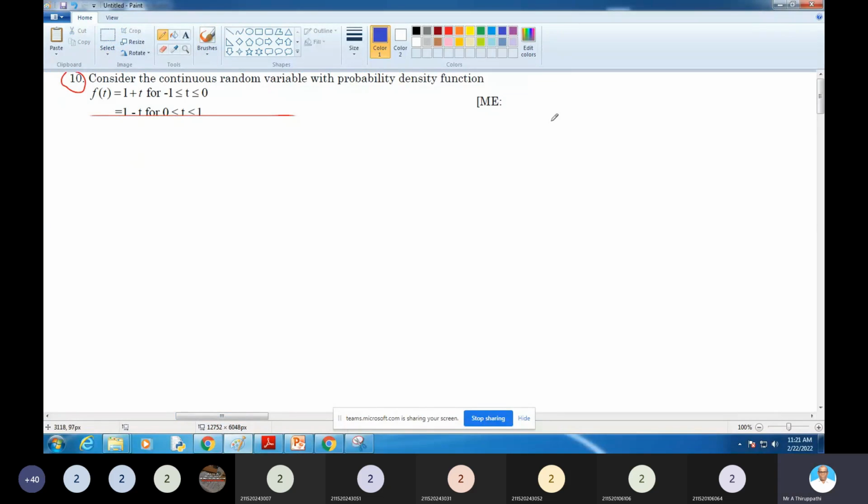For the standard deviation, first find the variance. What is the formula? Variance of x is equal to expectation of x square minus expectation of x the whole square. First find e of x, the expectation of x. Here the dummy variable t is given, that's all.